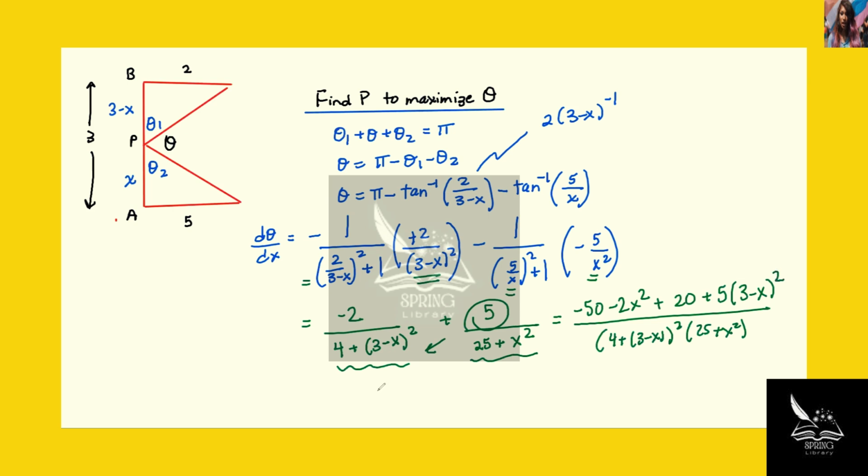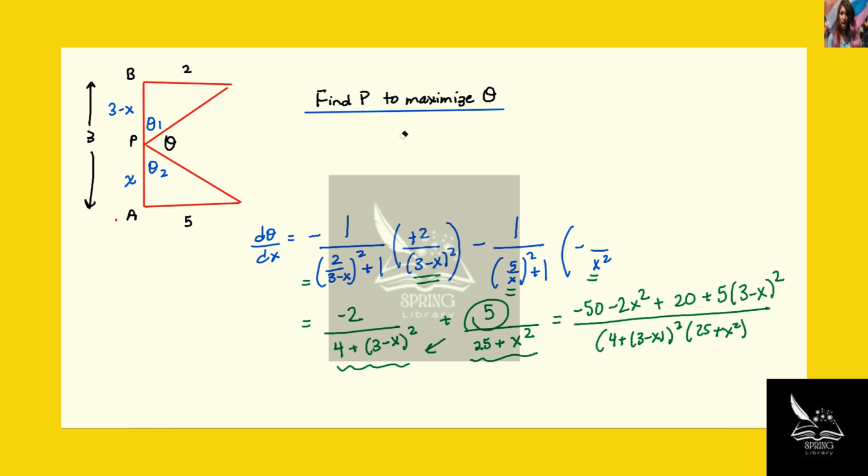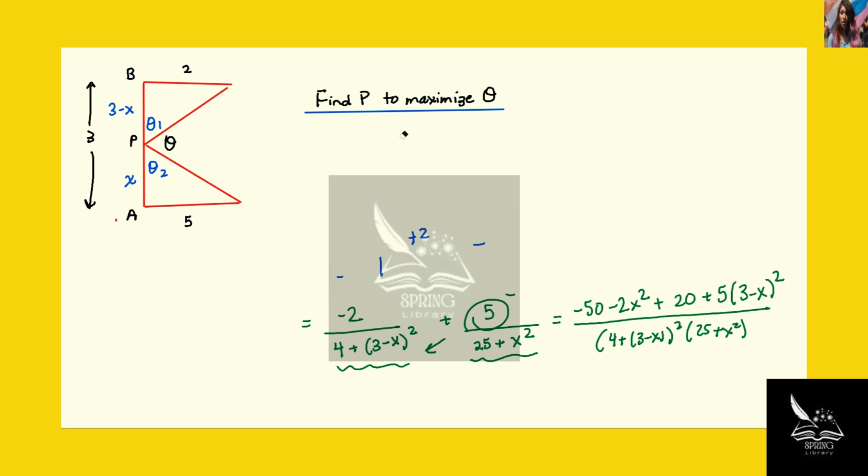Okay. Next, I've got to clean this up with FOIL, and I'm starting to need some room. So I'm going to erase what's on top and just keep going, but I will keep the very bottom so that we know what we're working with. I'll remind ourselves what we're trying to do. We just need to keep going here because there's lots of work to solve this, and I need room on my board.